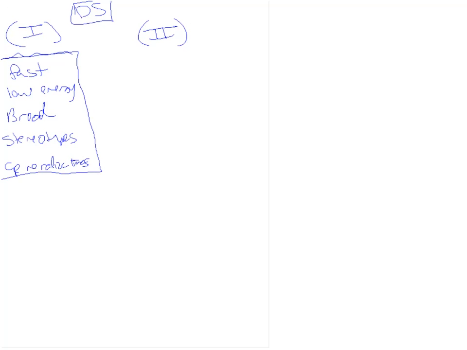Now, a type 2 pathway is really slow, relatively speaking. It requires lots of energy. It requires lots of concentration. It doesn't make stereotypes. It doesn't make generalizations.